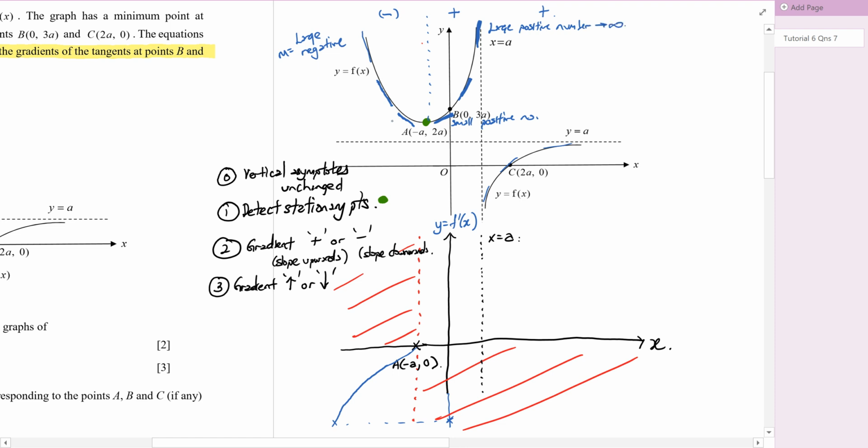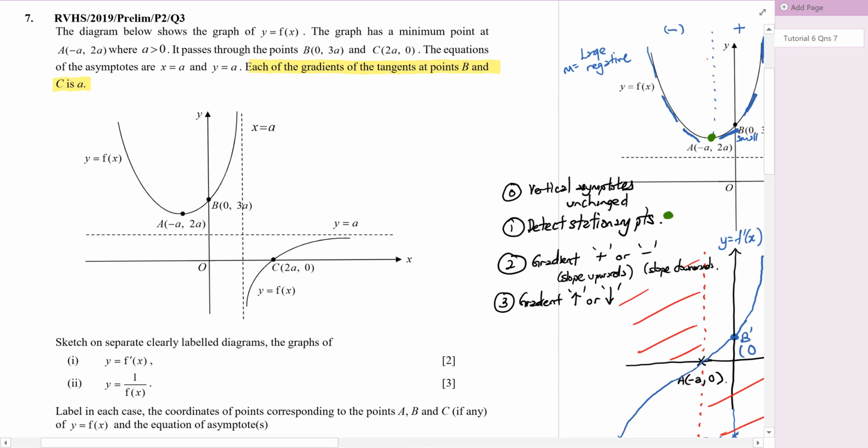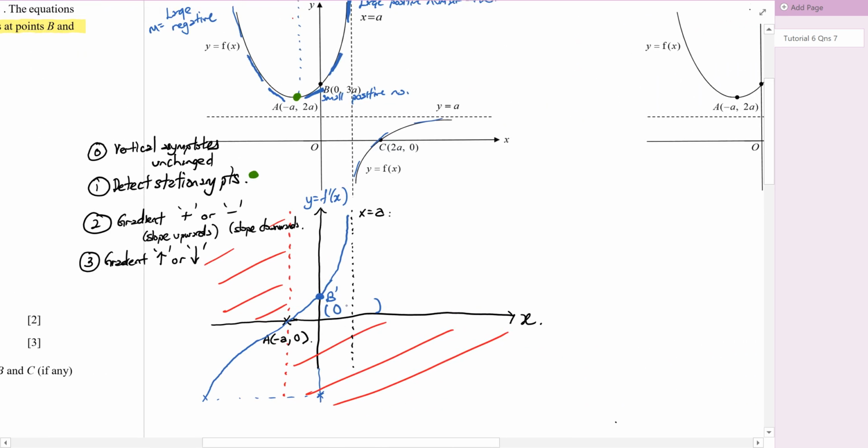So therefore, this one is just going to go up. Not forgetting the gradient at B, because the question says the gradient at B is a, highlighted in yellow for you. So at B, the gradient, which is the y coordinate, will be a. This is a small negative number.